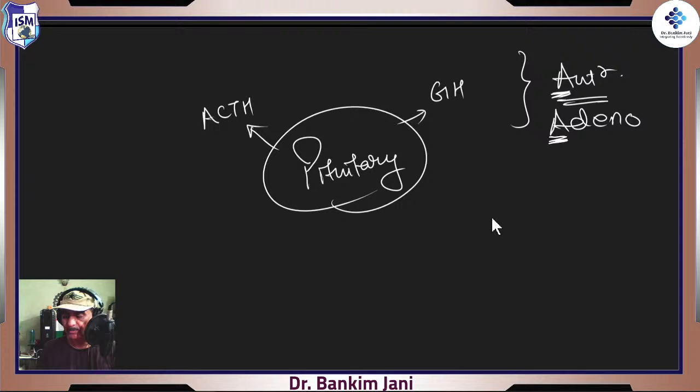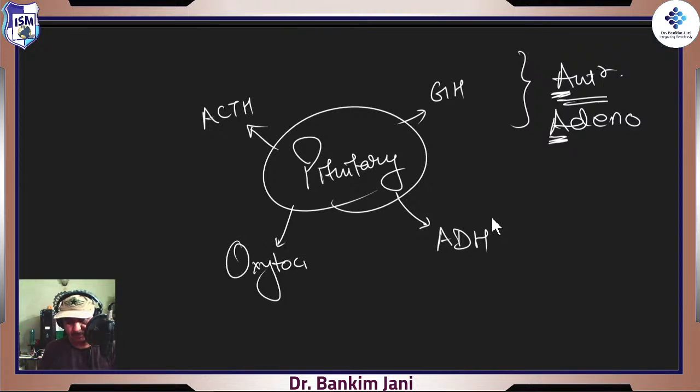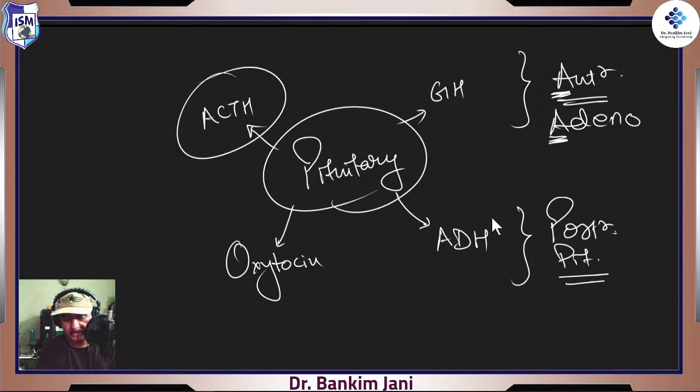And then we have got the ADH, antidiuretic hormone, and the oxytocin, right? That's what we'll be dealing with for the posterior pituitary. Right? So let's start now with ACTH, right? What it really does.